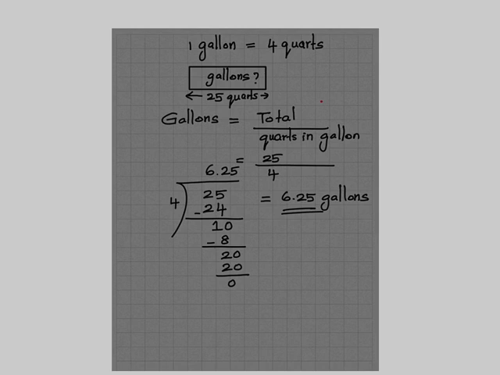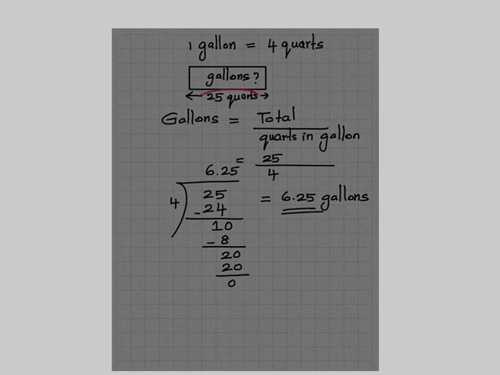In this question, let us see how to convert gallons to quarts. We should know that there are 4 quarts in 1 gallon. The total is given, which is 25. Let us write the formula to find gallons. Gallon equals total divided by quarts in gallons.